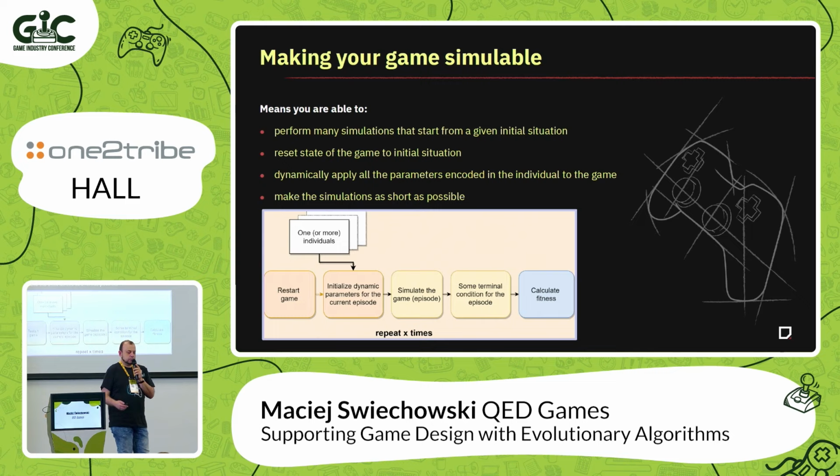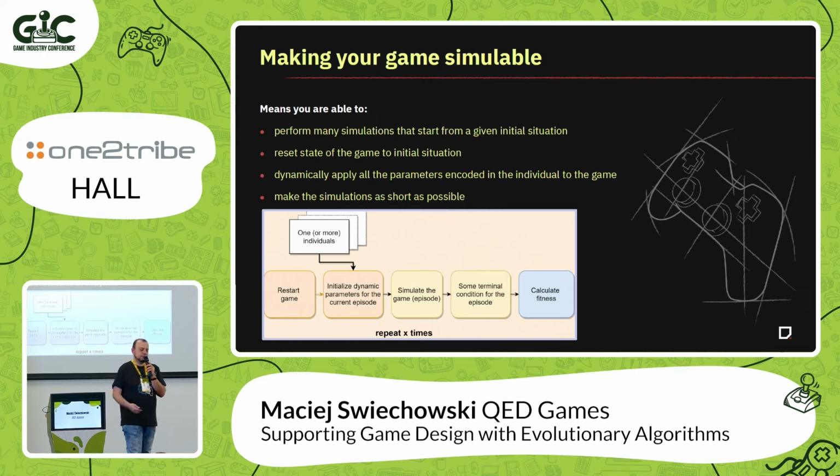But we need to set them in the game and run the game for some time to gather how they perform. Based on this performance, we need to calculate the fitness function, so how good these chosen parameters actually were. And then we need to do the same for the next individual, so for the next set of parameters.